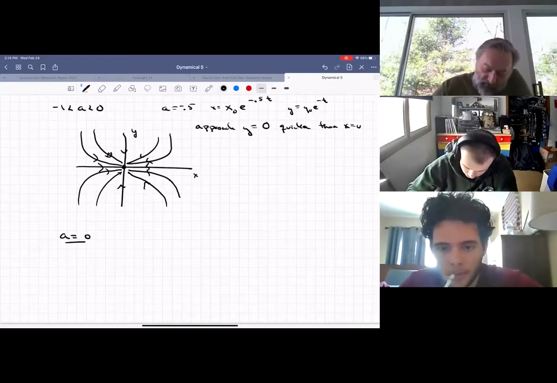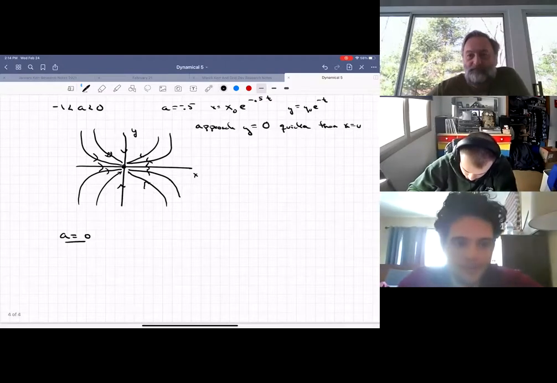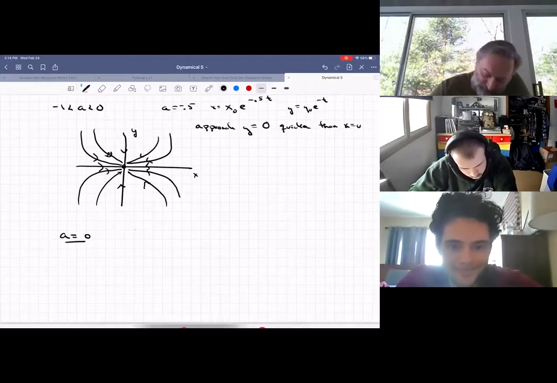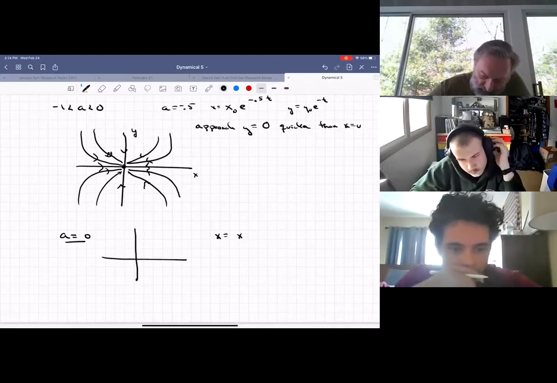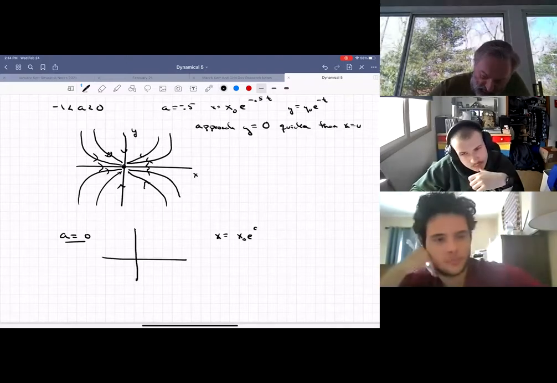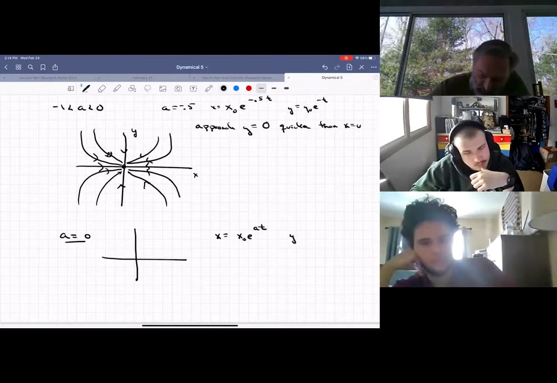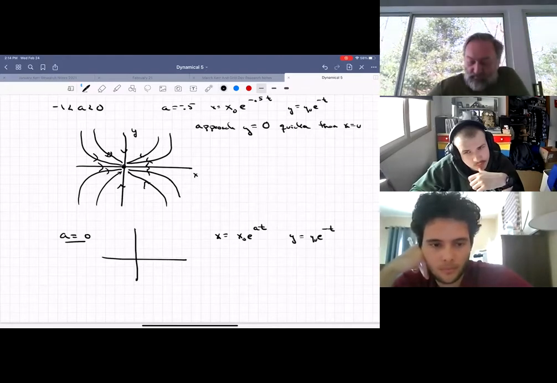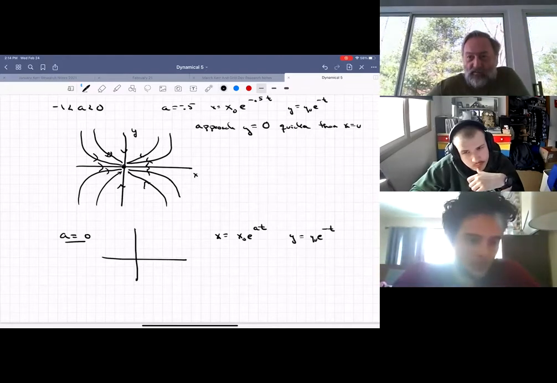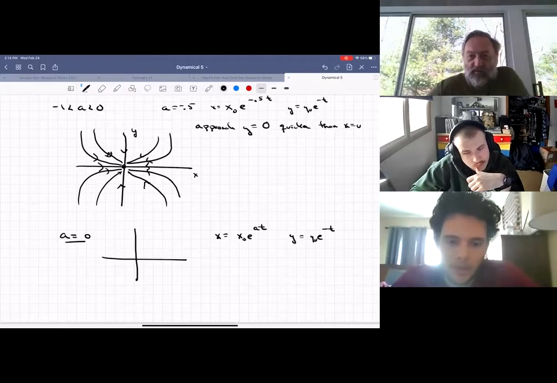All right, what do you get if a is equal to 0? Now, x was supposed to be x0 e to the at, right? So what happens if a is equal to 0? What happens to the x coordinate?